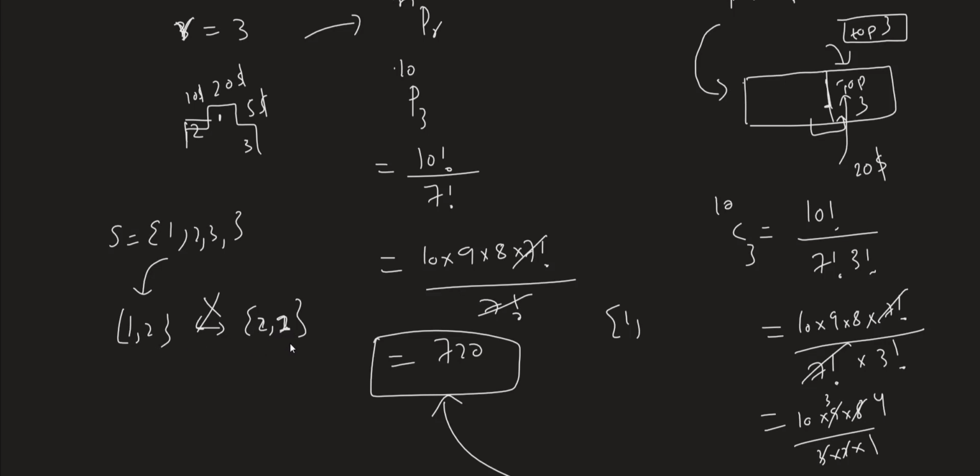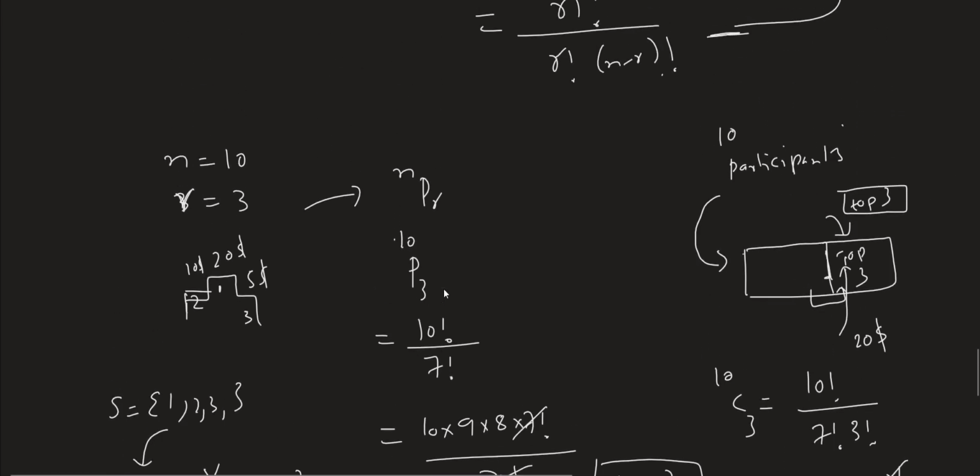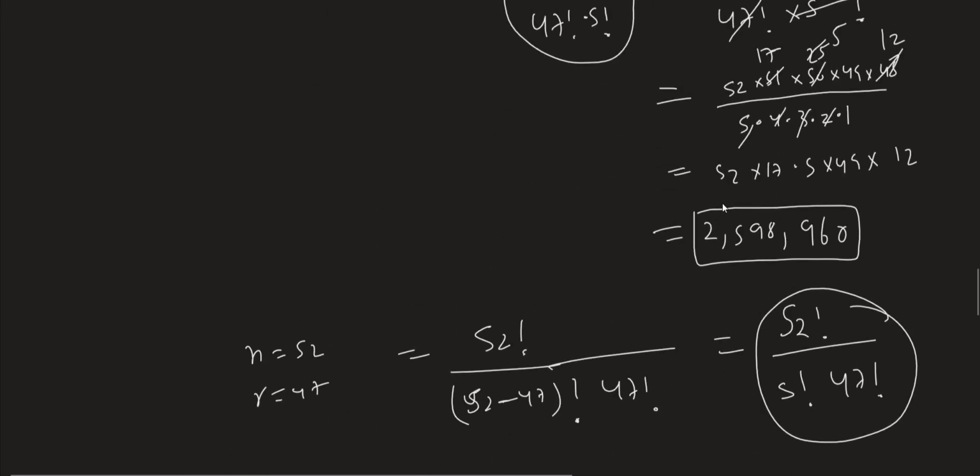So 1, 2 is different than 2, 1. However, in the case of combination, 1, 2 and 2, 1 both are the same. So we only have one of these. That's why the count of combinations is less. So that was all about the difference between the permutation and the combination.